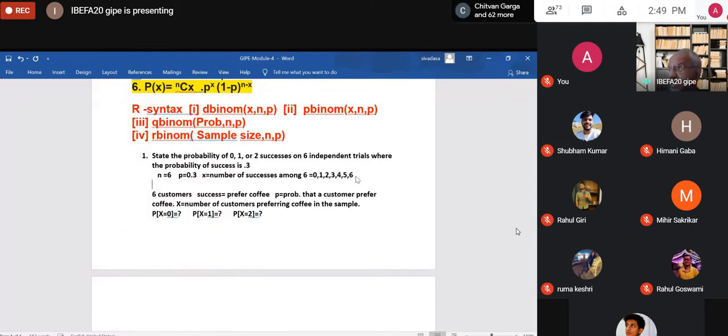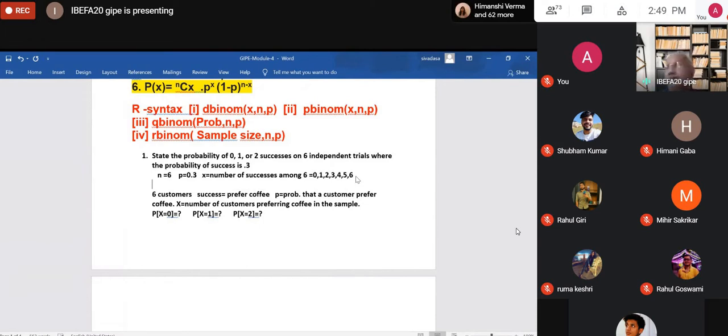Success means the customer prefers coffee. p means the probability that a randomly selected customer prefers coffee. And X is the number of customers preferring coffee in the sample.